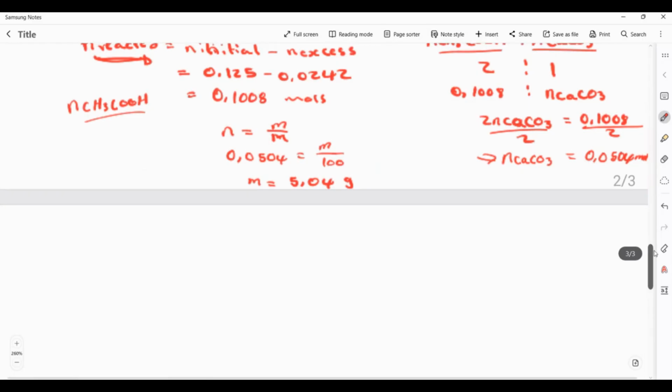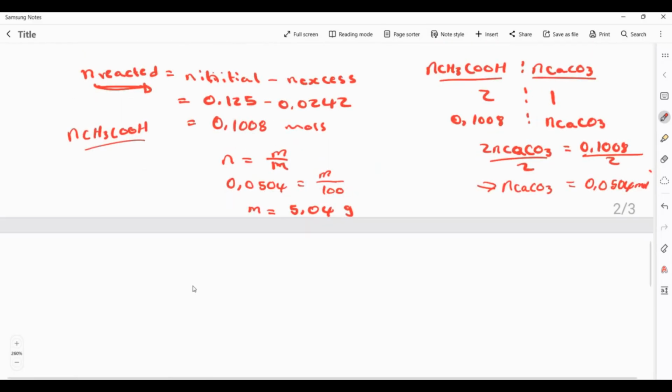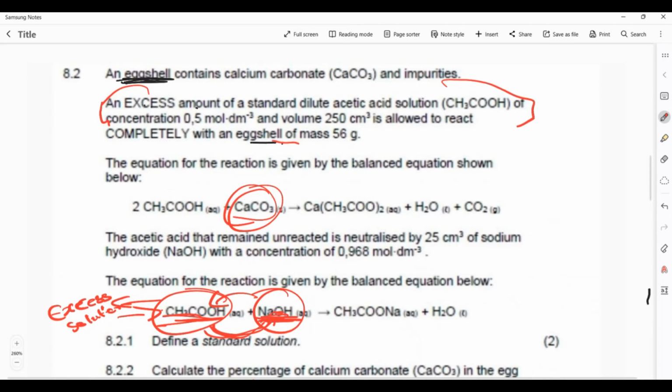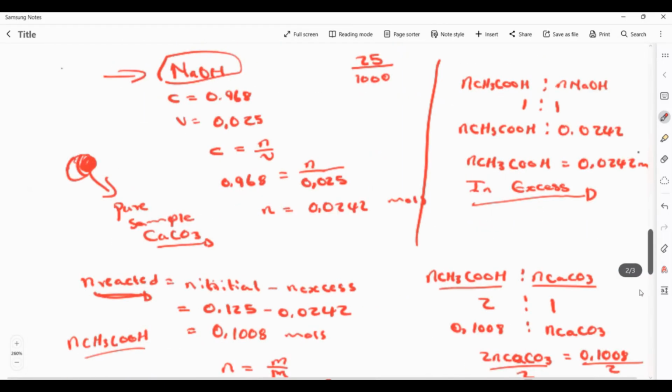Now, the thing that we wanted was the percentage purity, because don't forget that this is the pure mass. But in our question, they gave us the mass of the entire sample, which is the impure sample, 56.